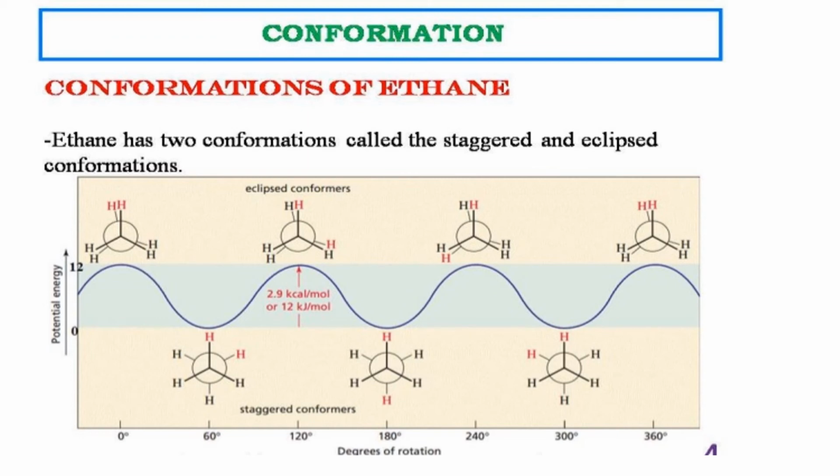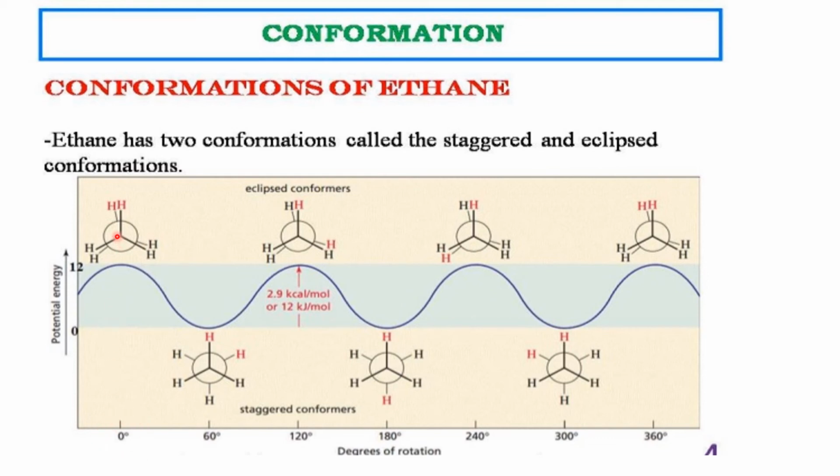Now see here, I have the different conformations of ethane. I am taking the first conformation here. This is an eclipsed conformation. I label the hydrogen atoms with the same color here. This is the first hydrogen atom of the first carbon atom and this is the first hydrogen atom of the second carbon atom, and they lie in the same plane. Hence the dihedral angle is 0.